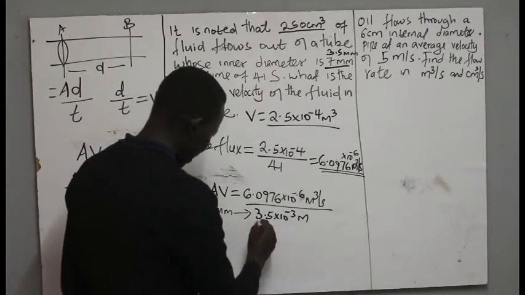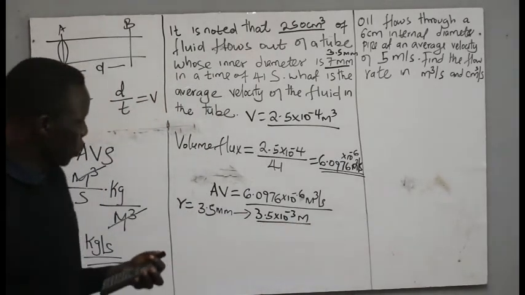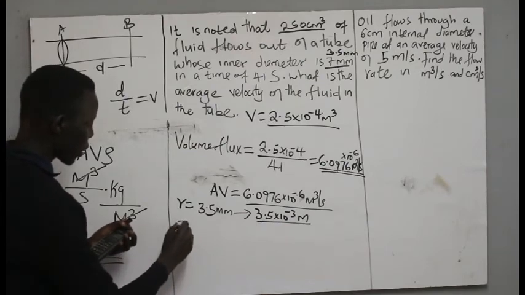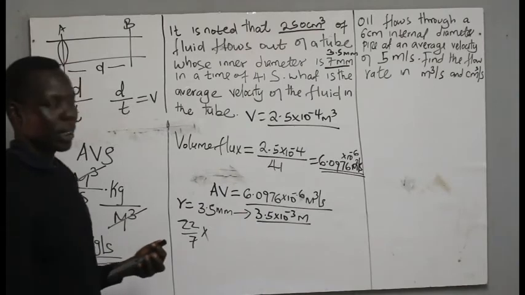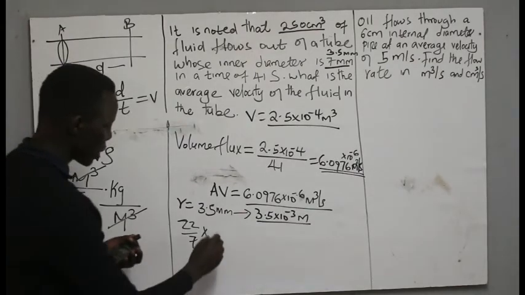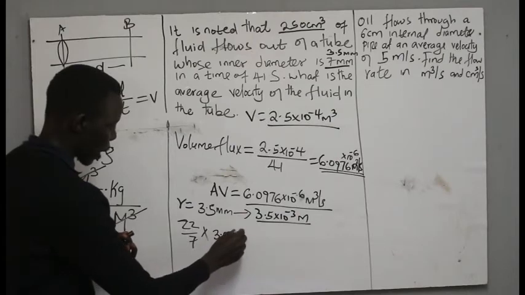That is now the radius. But we want the cross-section area. So it's going to be pi, which is now 22 over 7, times the radius squared, which is 3.5 times 10 power negative 3, squared.